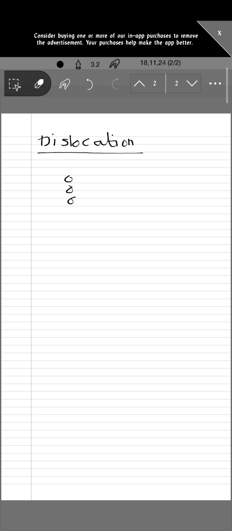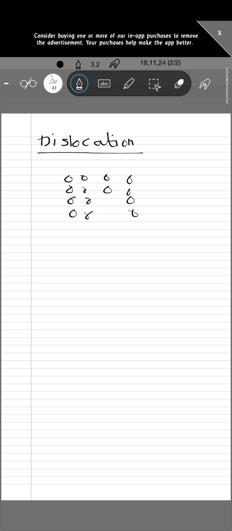Suppose you have atomic planes in this fashion, and in this case, suppose one half is absent. So this again is represented by a Burgers vector. And you can have two types of dislocation. One is screw dislocation and one is the edge dislocation. Absence of half plane of atoms.